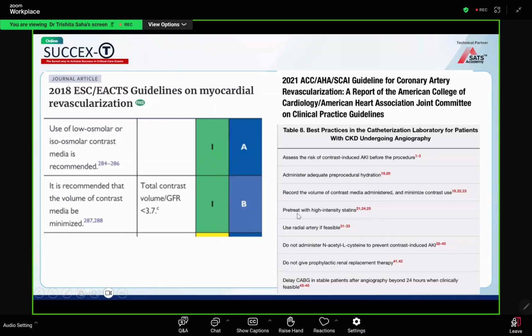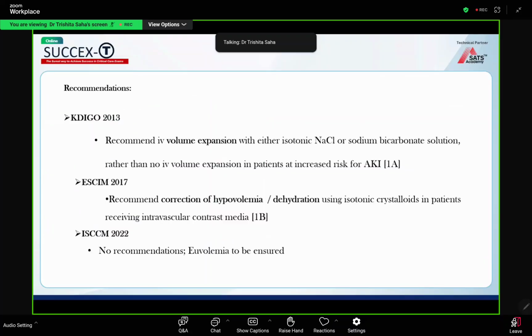And there is also a recommendation of pre-treatment with the statin and use of radial artery if feasible. They do not recommend the use of NAC to prevent contrast-induced AKI. And no role of prophylactic RRT in this scenario, which is very important.